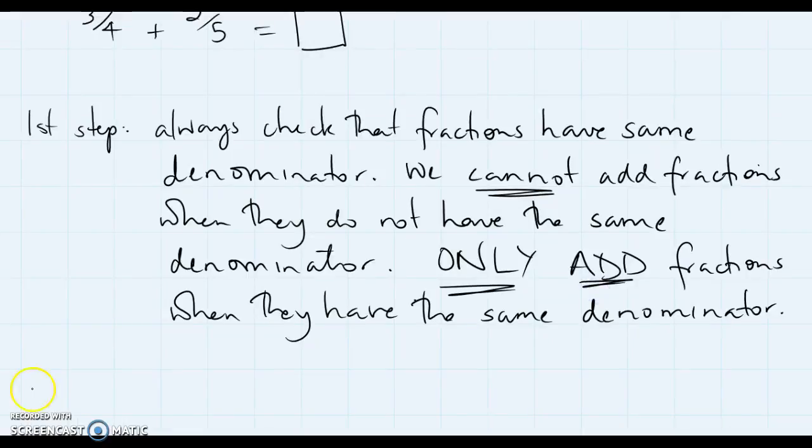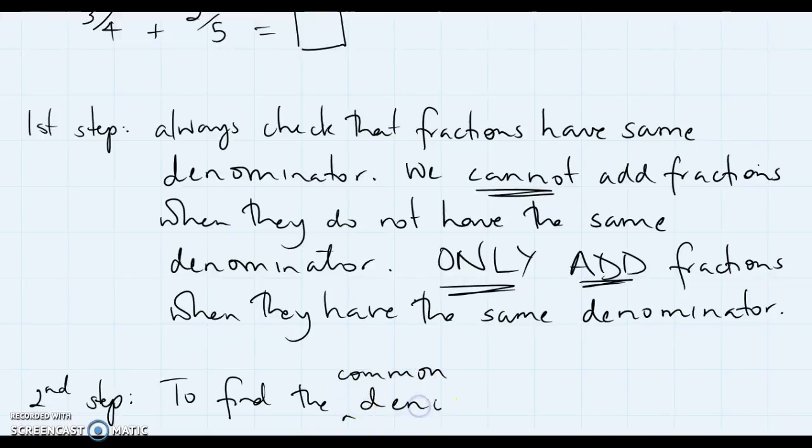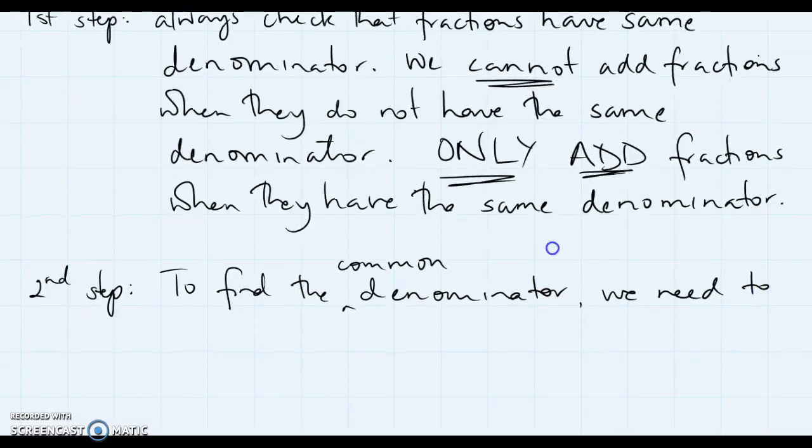So second step, to find the common denominator, we need to multiply the two bottom numbers.